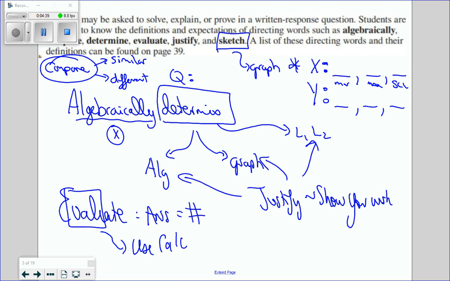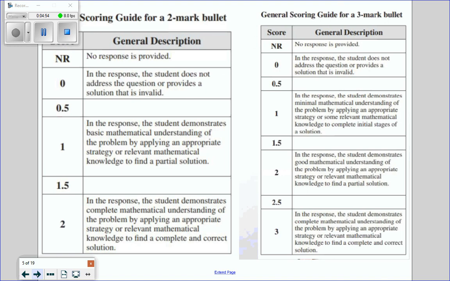Do not leave any part of them blank. If you leave any part of it blank, you're forcing them to give you 0. Whereas if you write down something, anything, here's what I mean. Here's the point value. So a 1, the student demonstrates basic math understanding. They talk about an appropriate strategy. Here, minimal math understanding.